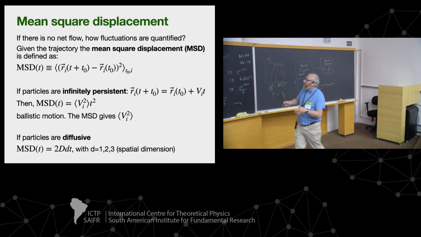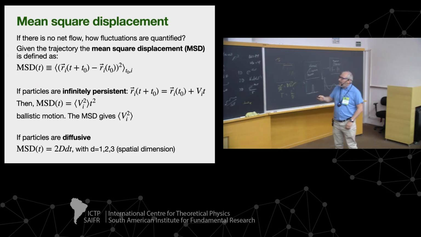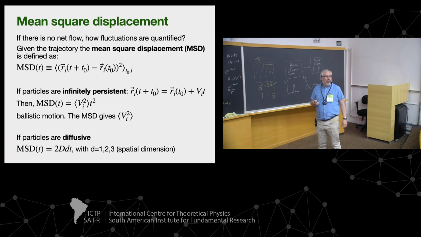That was Einstein, in his work on Brownian motion. This is the signature of diffusion. If it's growing linearly in time, it's the signature of diffusion. I'm going to demonstrate that relation in a moment.